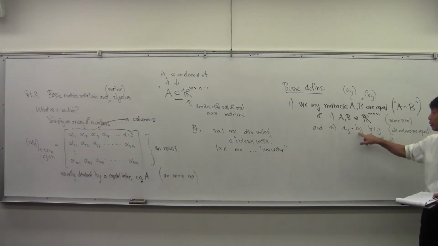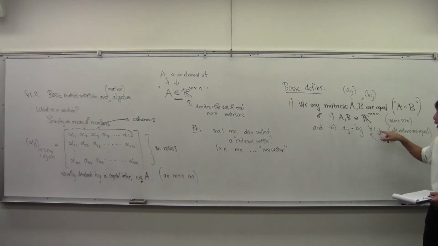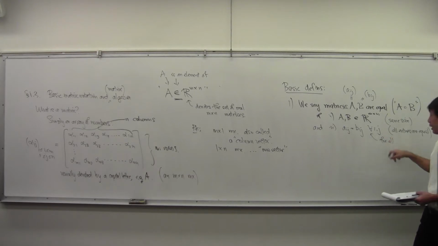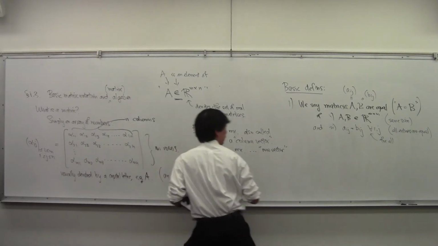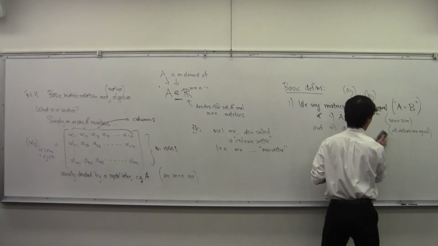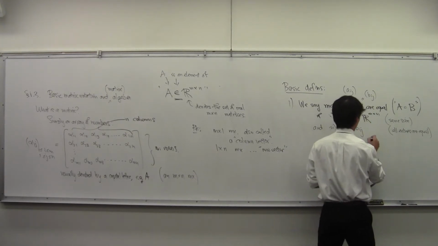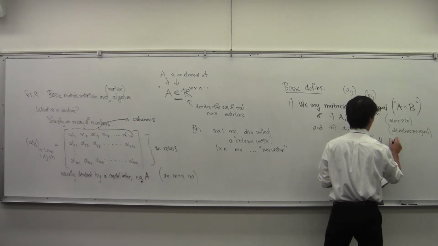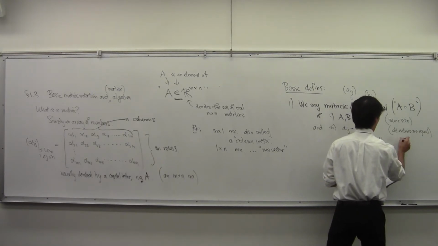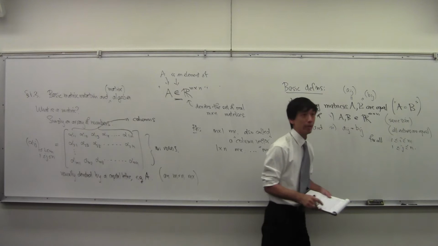So a_ij equals b_ij for all i and j. To be completely proper, I should say for all i between 1 and m, and all j between 1 and n.